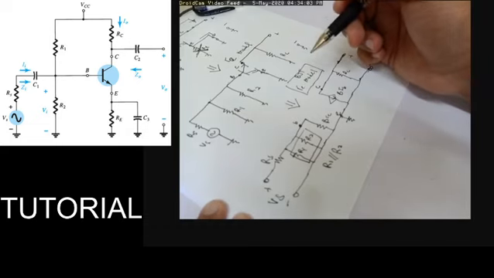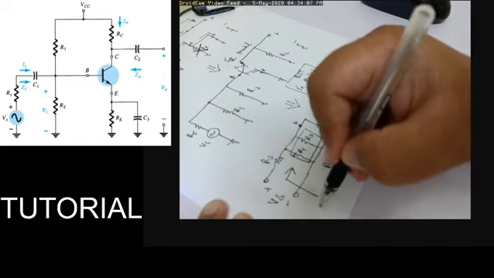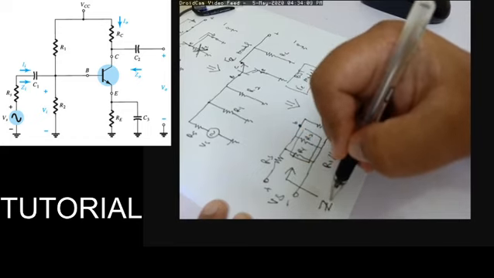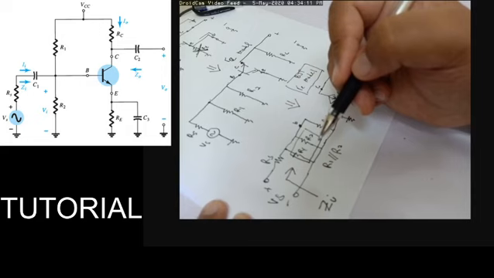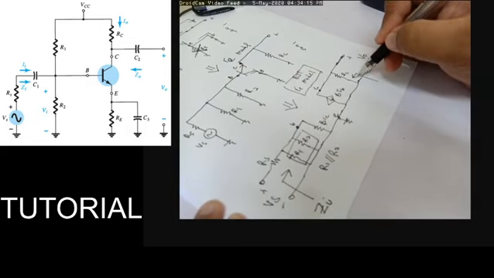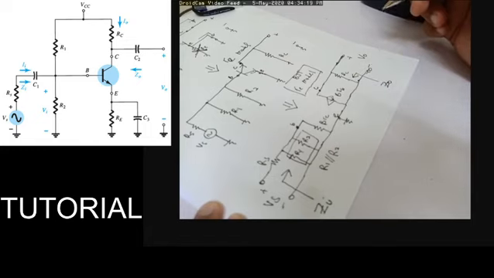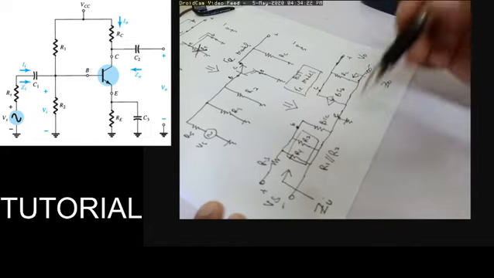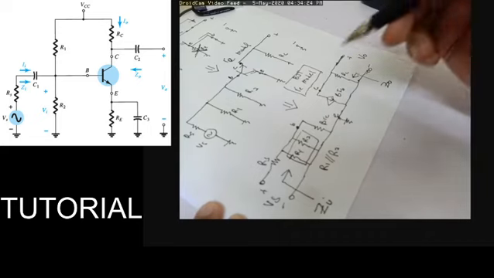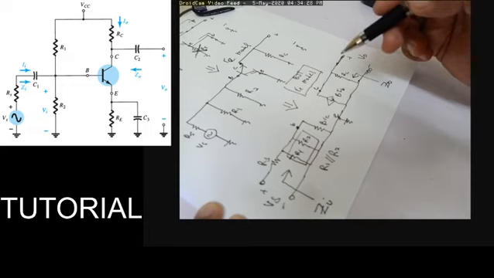And then we are going to calculate the input impedance, named Zi, and we are going to determine the Zout here. We have an input impedance, we have an output impedance. What else?